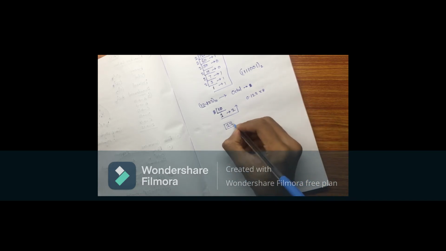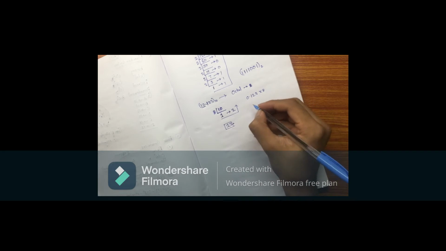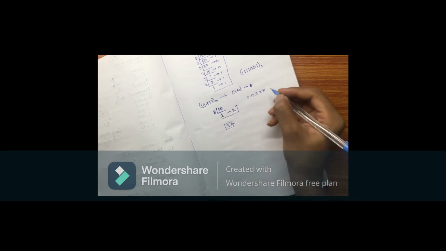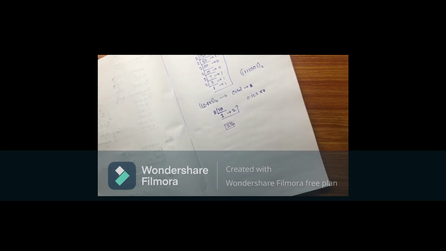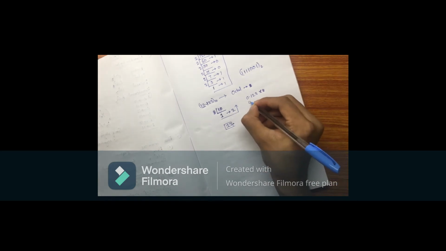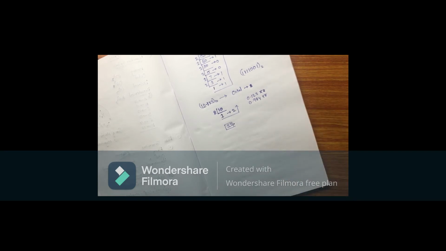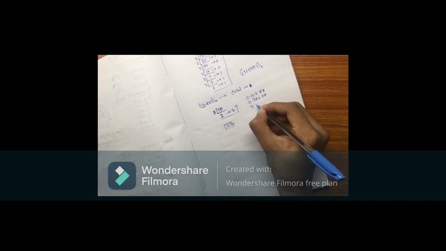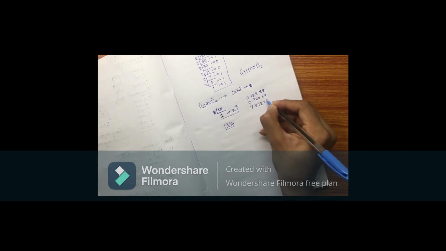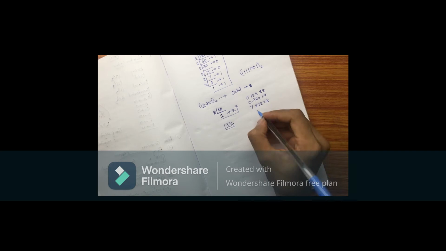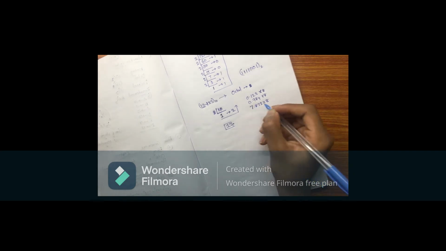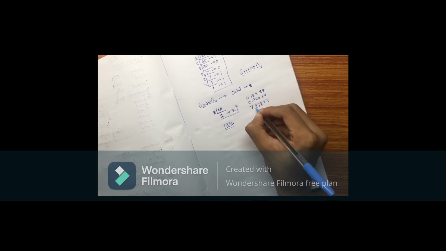The part before the point you got, and the part after the point you will get 0.984. Again you have to multiply by 8, again by 8. Then you will get 7.872, again times 8.